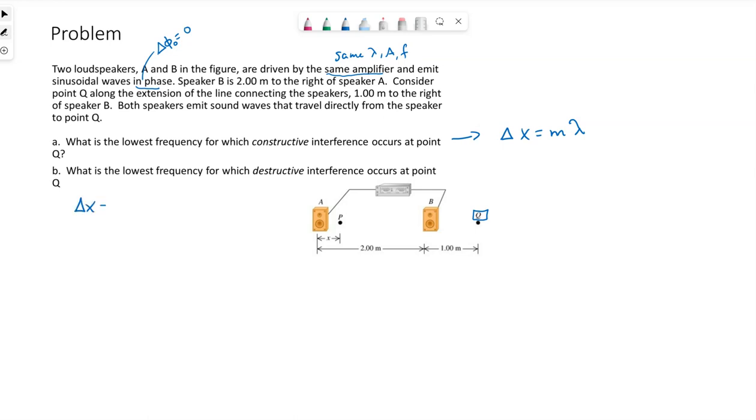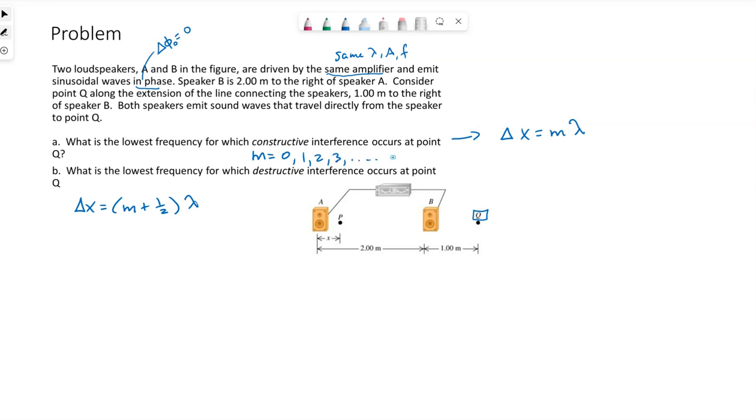Destructive interference will be described by our equation, delta x is equal to this quantity of m plus 1/2 times lambda. In both equations, m can be 0, 1, 2, 3, and so forth.